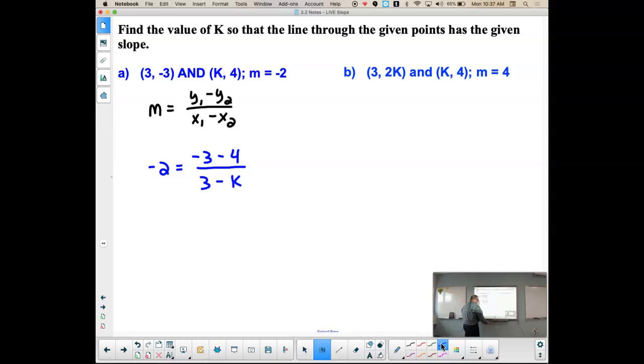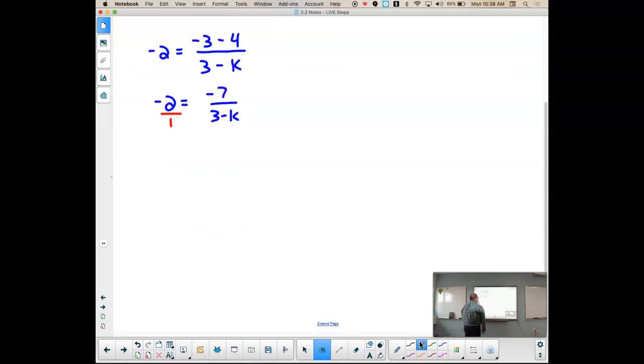If I wanted to make that look nice and pretty, I would say -2 equals -7 over 3 minus k. And really, this is -2 over 1, which is going to allow me to cross multiply.